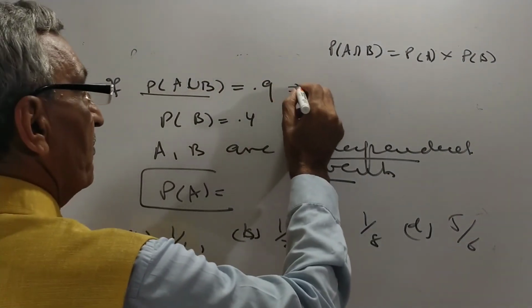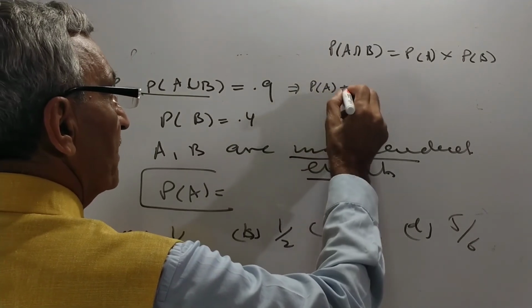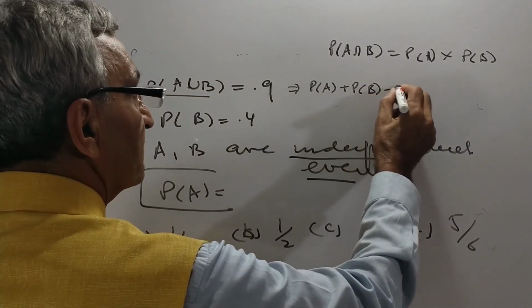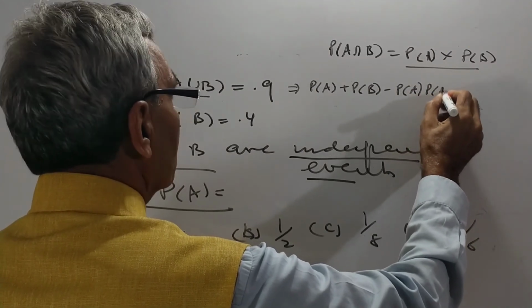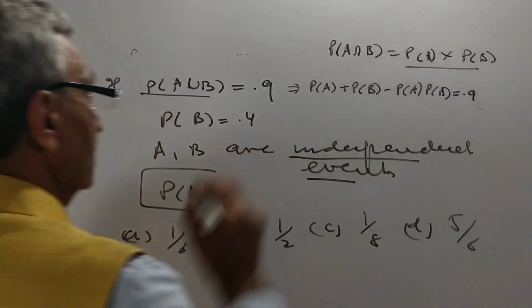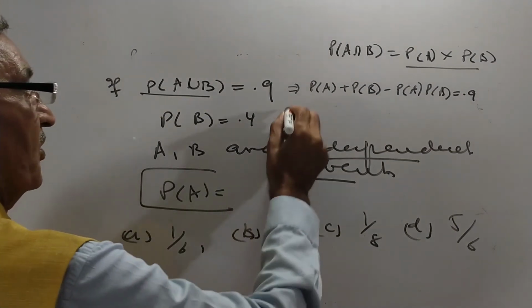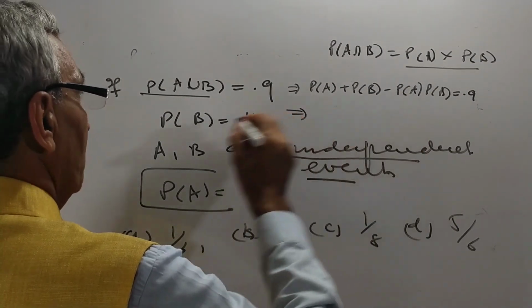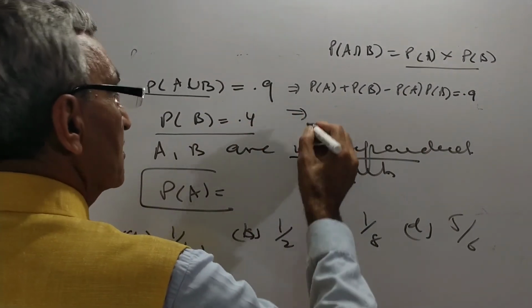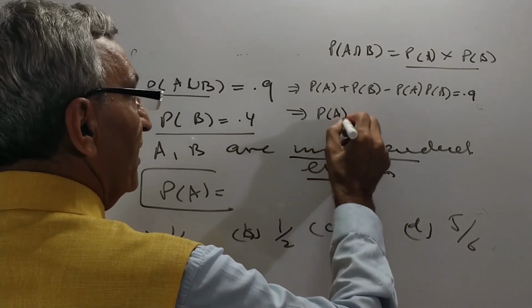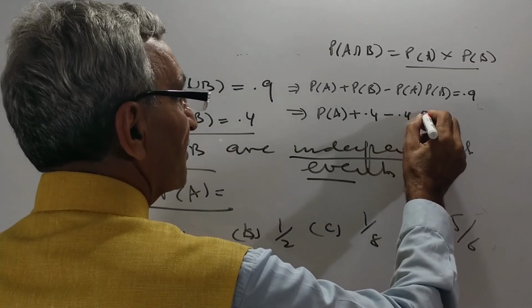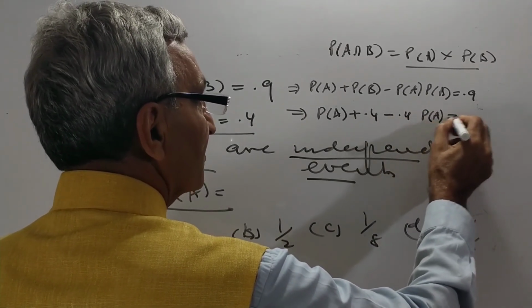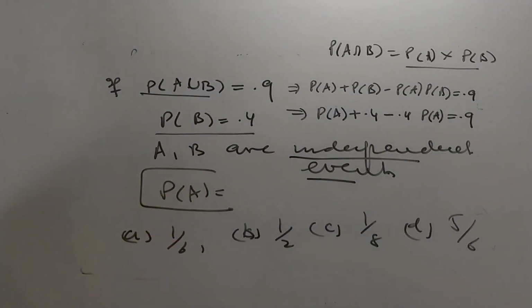Union means probability of A plus probability of B minus probability of A and B, that means multiplying, is equal to 0.9. Probability of B is 0.4. So this is equal to A plus 0.4 minus 0.4 into probability of A is equal to 0.9.